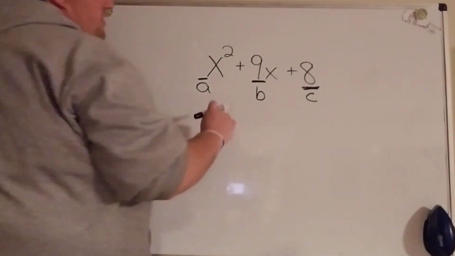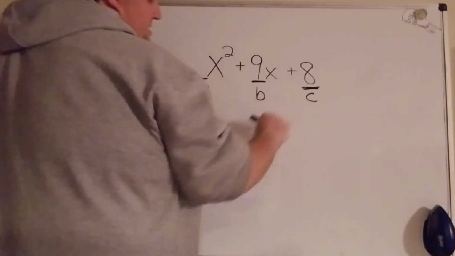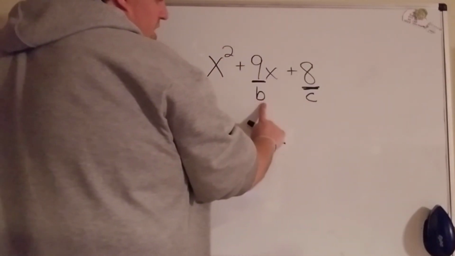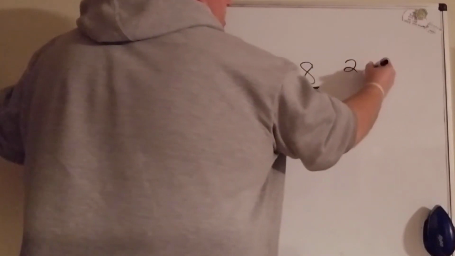Now, in order to factor this further, we need to do something with this B and the C. So we need two numbers.